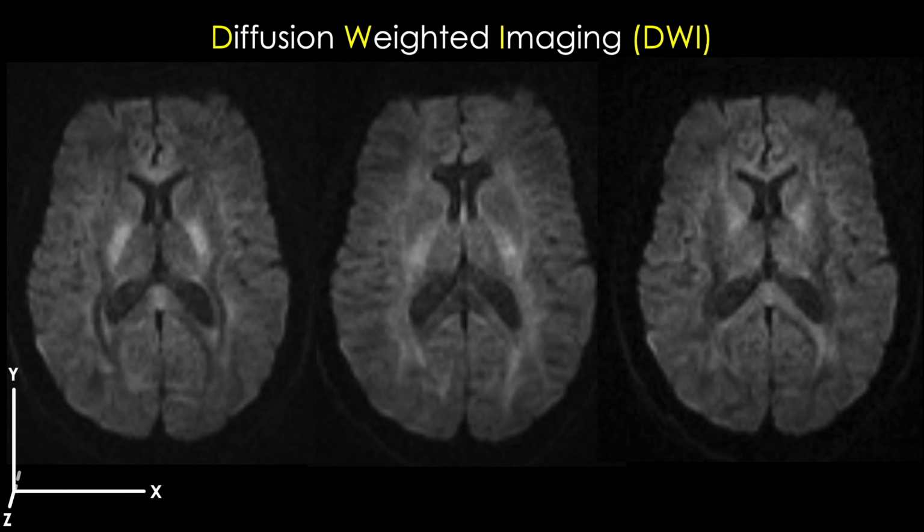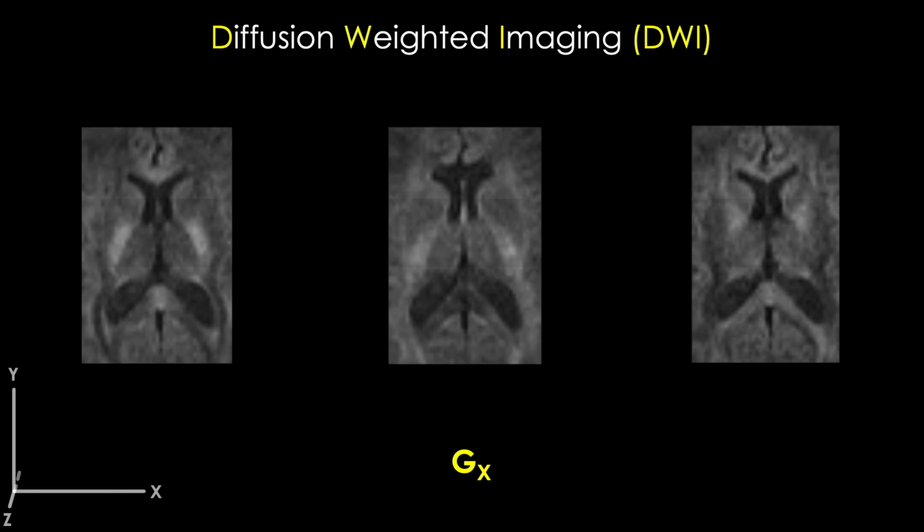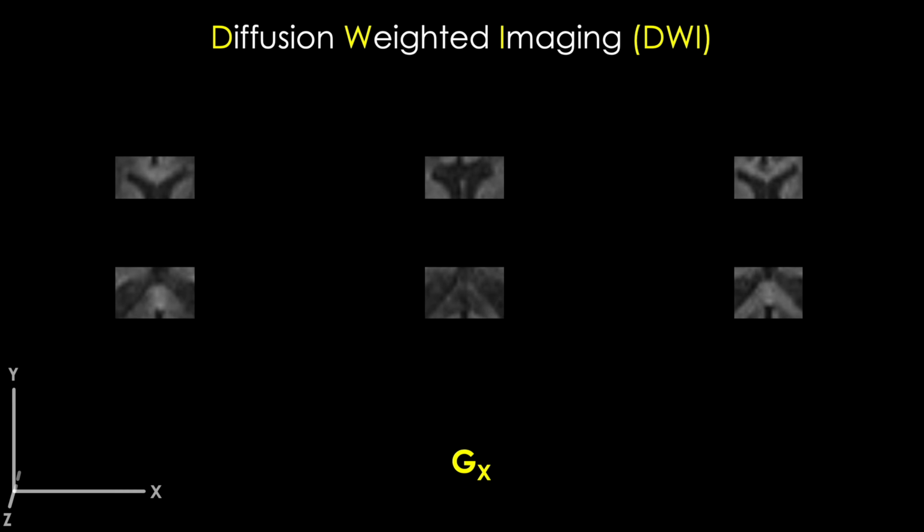Did you pick this one? How so? Well, since we expect to see signal loss in areas where protons are moving in the x direction due to this diffusion gradient we applied across the x-axis, let's look for areas of signal dropout along the x direction between the 3 images. Check out the genu and splenium of the corpus callosum.